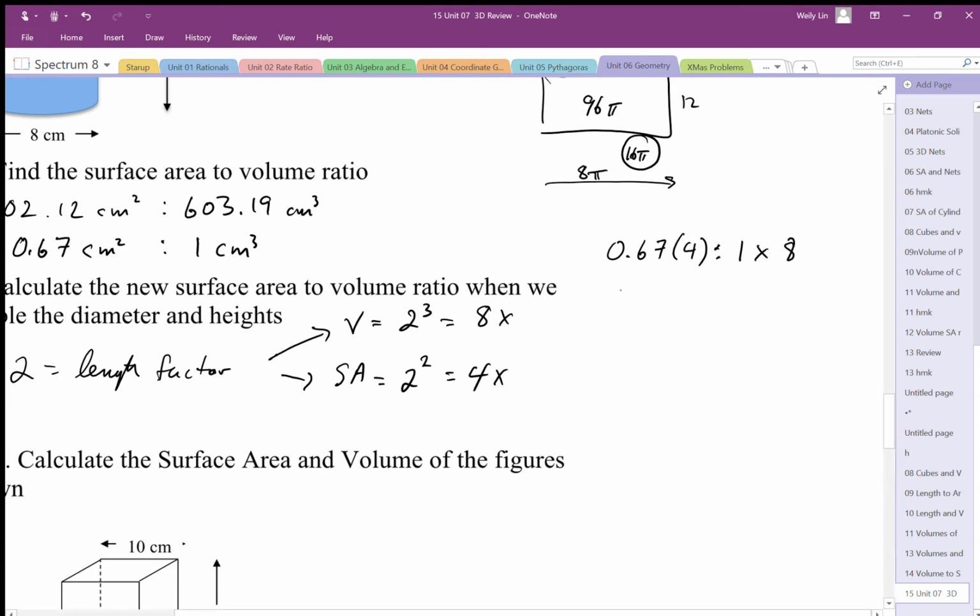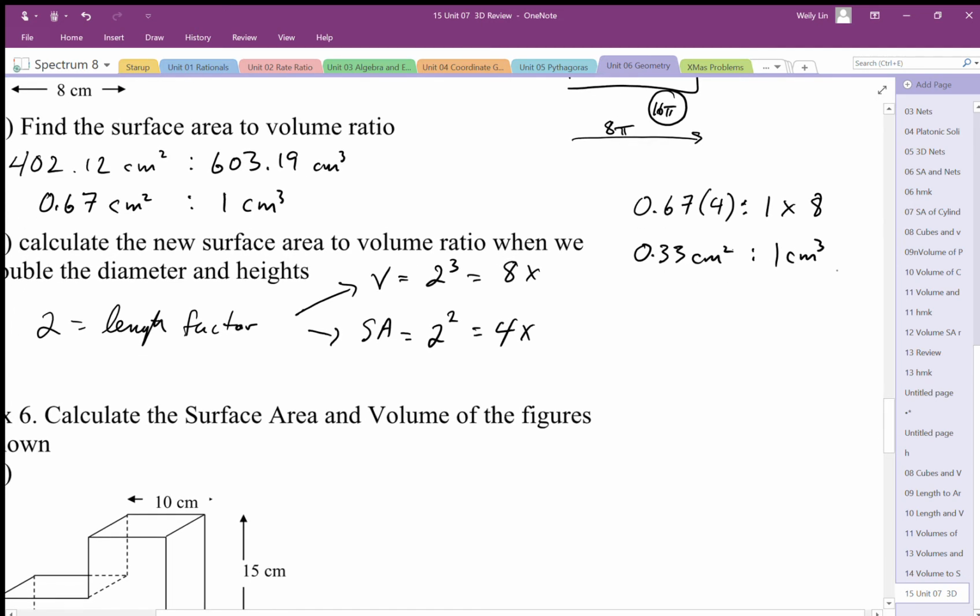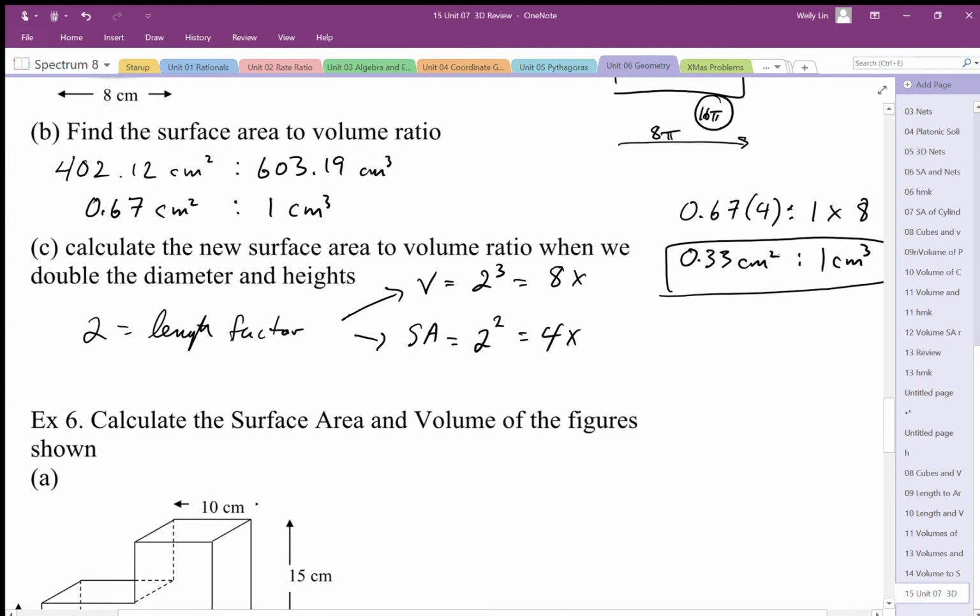And I'm going to get this new surface area to volume ratio of 0.33 centimeters squared for every 1 centimeter cubed. Now that's generally what we should expect. As objects get bigger, more volume gets hidden inside the object, and we have less surface to accommodate that volume. So that is our new surface area to volume ratio when we double the length, width, and height.